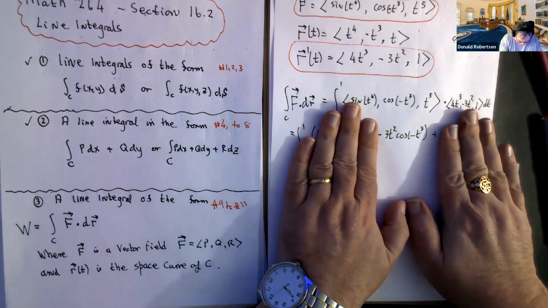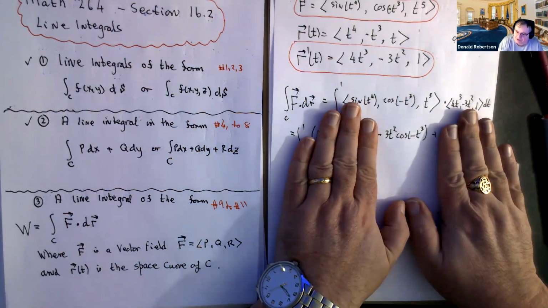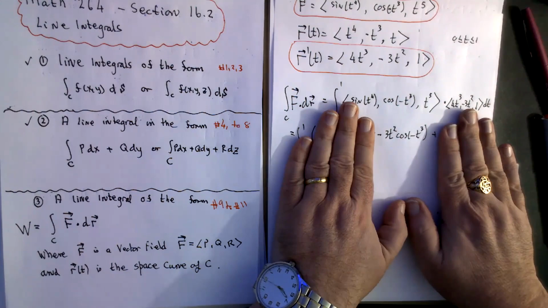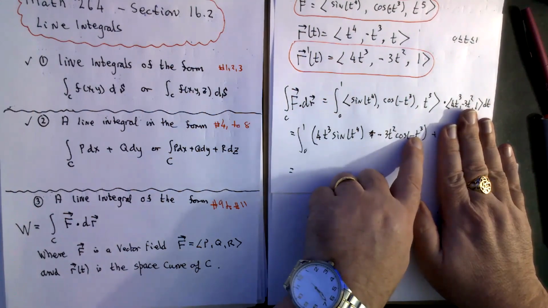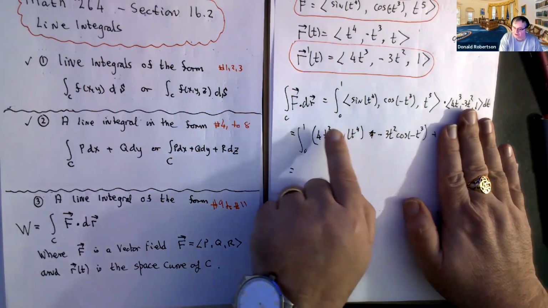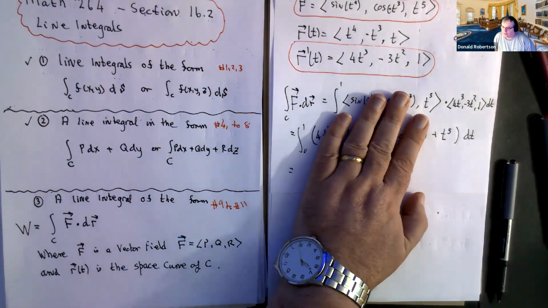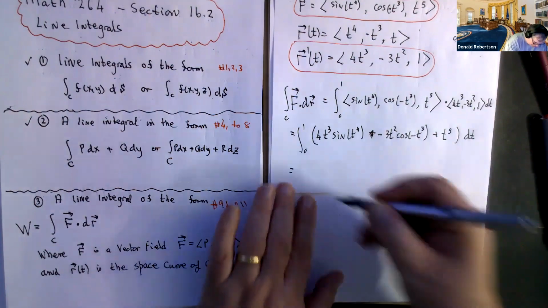What would I use to integrate negative 3t squared cosine of negative t cubed? Same, just a different u sub, right? Which is probably why it's a good idea to separate it into 3 integrals. And isn't that last one just a power rule? So, dot, dot, dot.